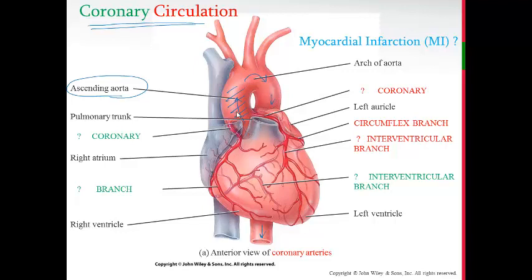Now from your ascending aorta, two major coronary arteries branch out, one over here and one on this side. Which one would be your right coronary artery?